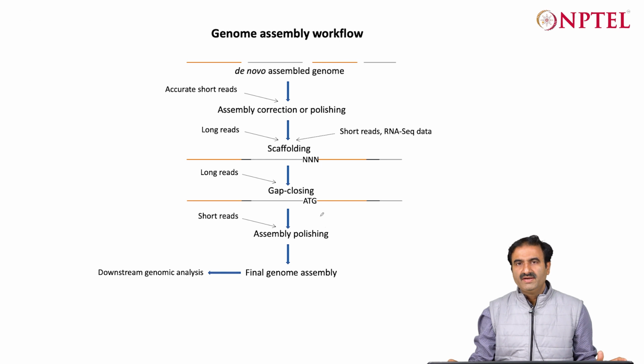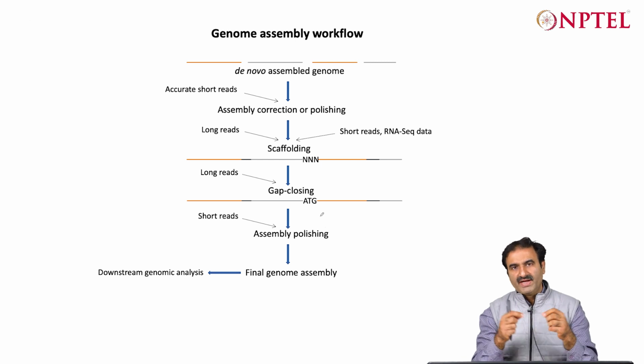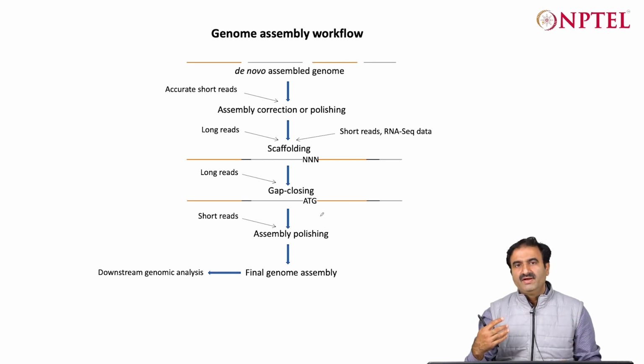So in the de novo assembled genome you will have reads, long and short reads, and you will assemble those reads into contigs. Contigs are formed on the basis of overlap: you try connecting the pieces, as much as possible, until you don't find any other piece that can attach to that contig.